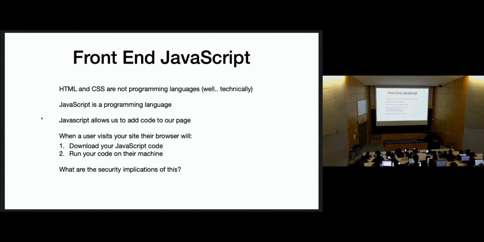Now let's think about that for a second. A user visits your page, downloads your HTML, CSS, JavaScript. All of that is on their machine. You visit a page, you're downloading all of this stuff to your machine, and then you're running their JavaScript code on your computer. This is exactly what we call a code injection attack.